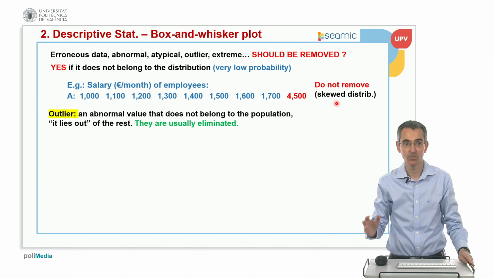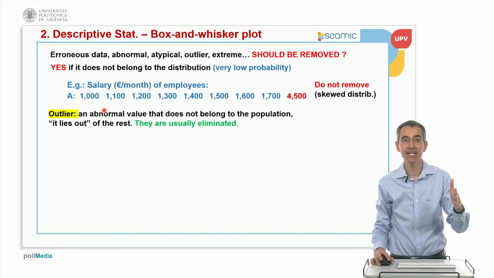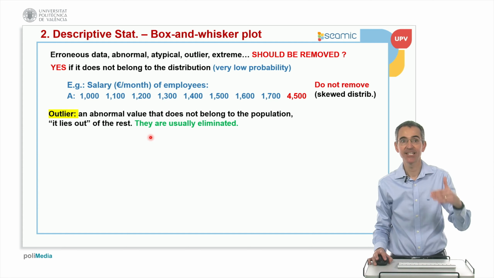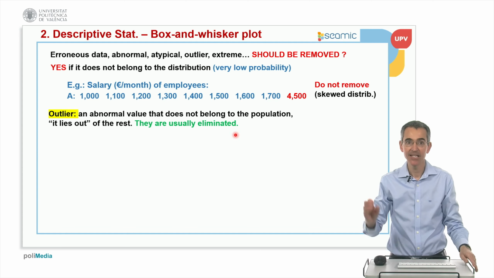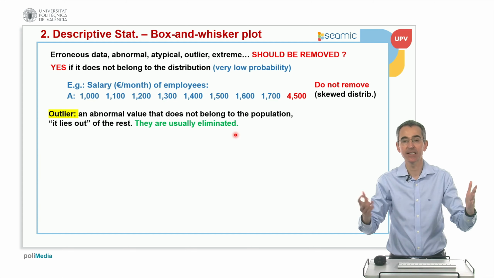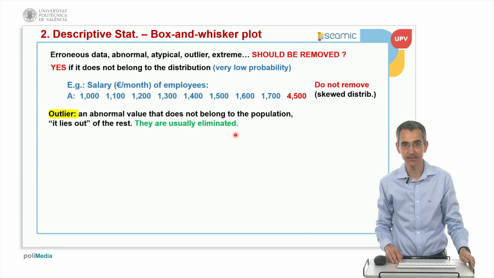Once again, in this unit we will define an outlier as an abnormal value that does not belong to the population, that lies out of the rest. So if I'm sure that a value is a clear outlier, it has to be eliminated. If the value is just a slight or moderate outlier, then we can decide to maintain it.